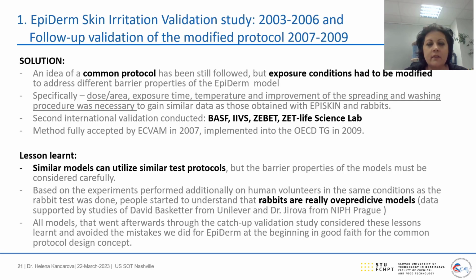And the big lesson learned there is that of course, skin models that are similar may utilize a protocol that has similar design, but the protocol really also needs to reflect the barrier properties of a particular tissue model, and we should not try to fit one protocol for all tissue models, regardless of their properties.